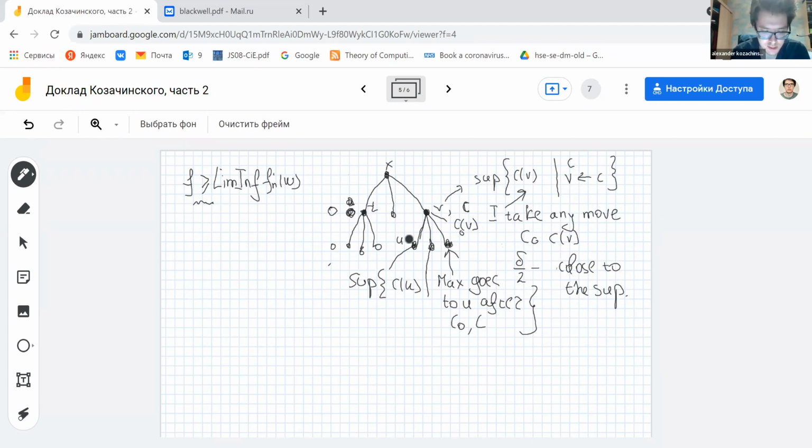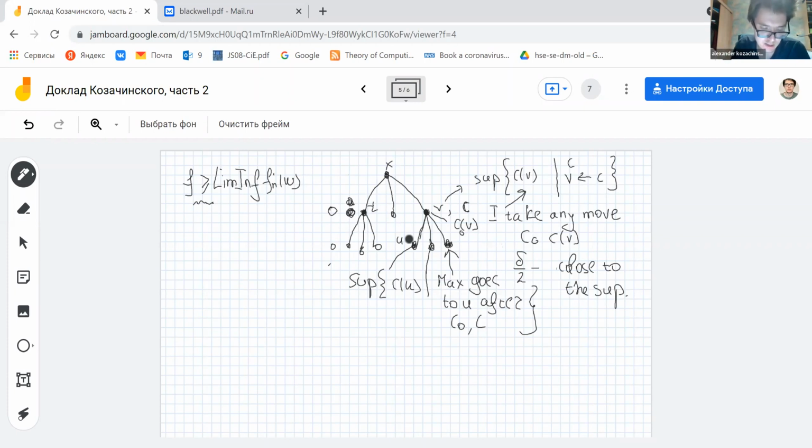You just say that if it's not locally consistent for Max, then these supremums give you actually a valid move of Min. Because if something is not locally consistent for Max, then it's locally consistent for Min, because it's just an inequality in the other direction. Moreover, it's not locally consistent even with some slack, so you can increase these supremums by some small epsilon, and still this increased tuple gives you a valid move of Min.